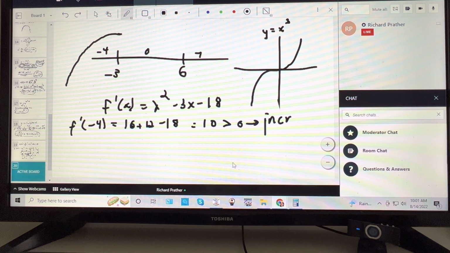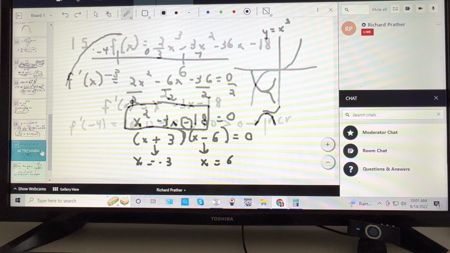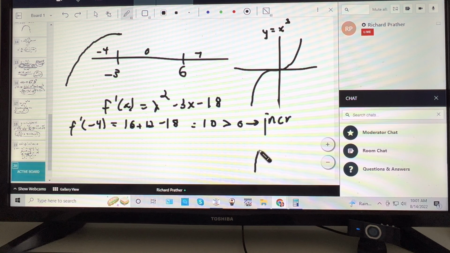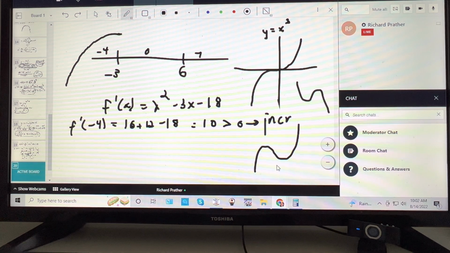But some cubics, when you put extra numbers in them like this, when there's extra terms and numbers, then they can bend a little more and they typically will go like this or the other way around, depending if the leading coefficient is positive or negative. So it's just a matter of, does it bend back down again or not? You really can't tell without some experience of what's going to happen here.